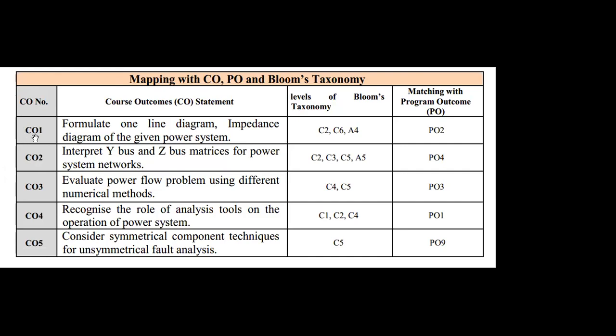Course objective 1 was to formulate a one line diagram or impedance diagram for the given power system, right? You have to respond whether we can satisfy that, or if you have been given some one line diagram or impedance diagram for the power system, you can generate it, right?